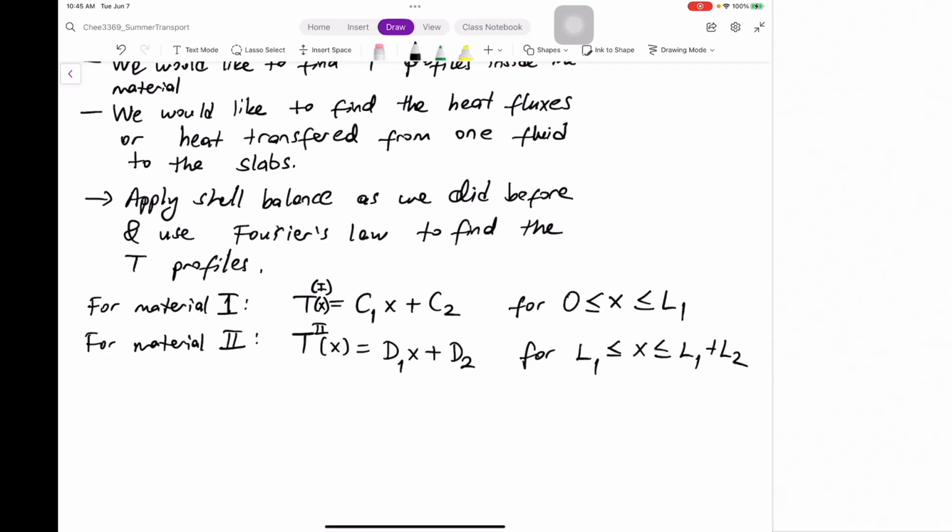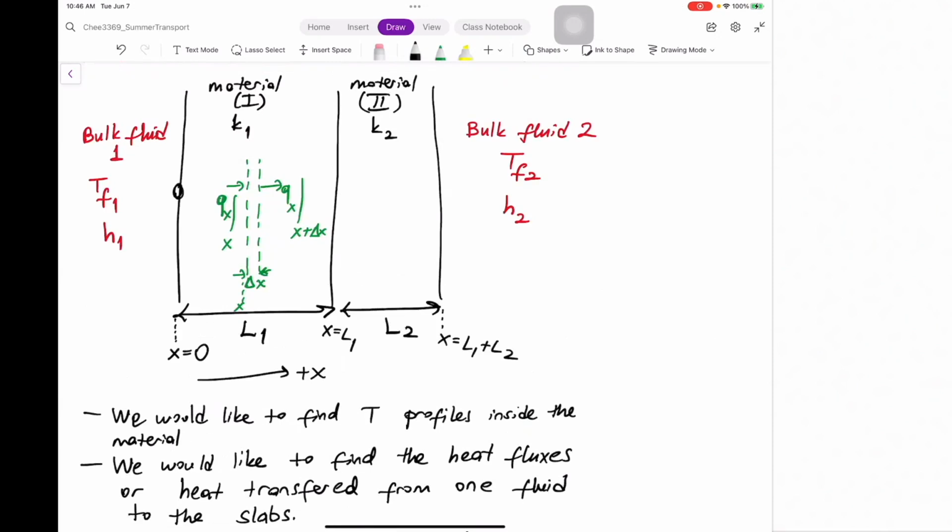So what are we going to do now? Let's use the boundary conditions for material 1. The first boundary condition is basically here, the temperature.